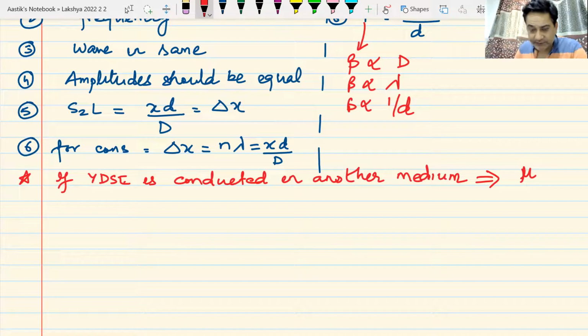Remember, what are the things that happen when you conduct YDSE in a medium whose refractive index is mu?